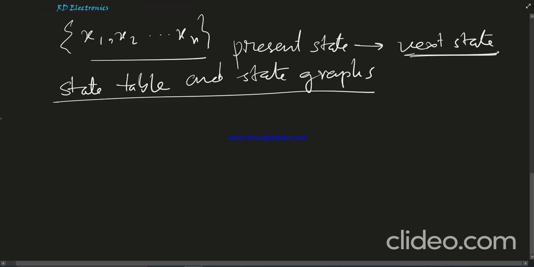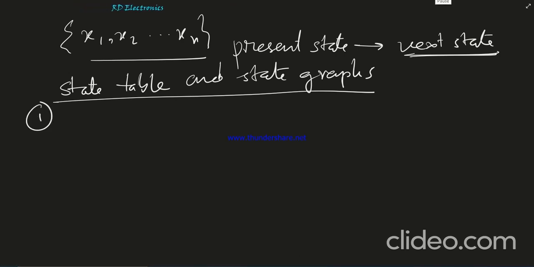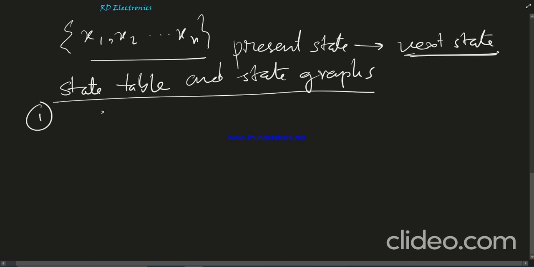The first part of the table indicates the present state of the circuit. This indicates the output of the flip-flops before application of a clock. These states may be described either by using binary 1 and 0 of the Q output of the flip-flop, or by using symbols like states S0, S1 up to Sn.